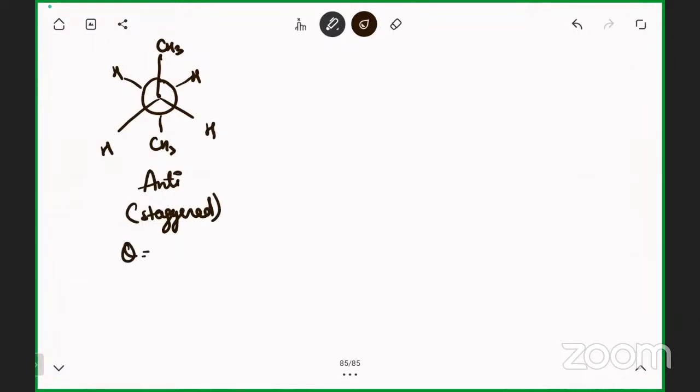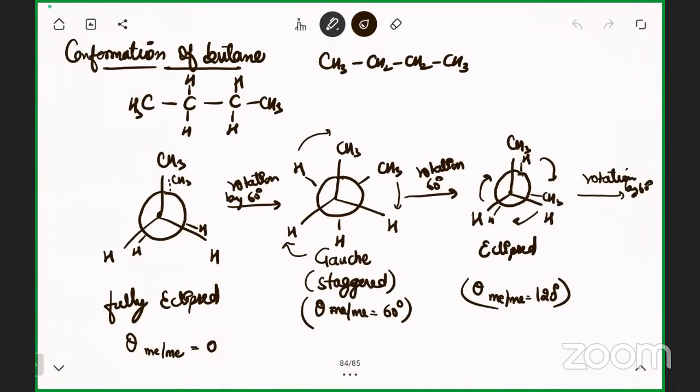Now the theta between the methyl and methyl is 180 degree. So you can see by just 60 degree rotation, we got the 4 isomers.